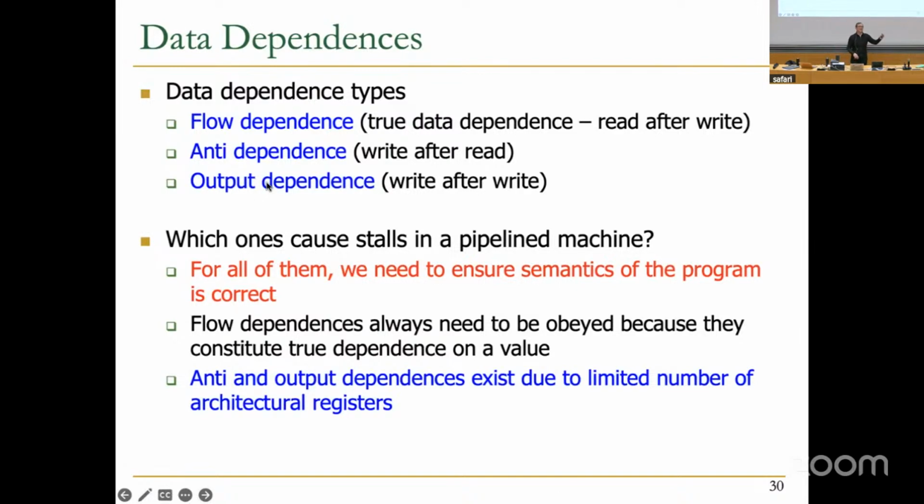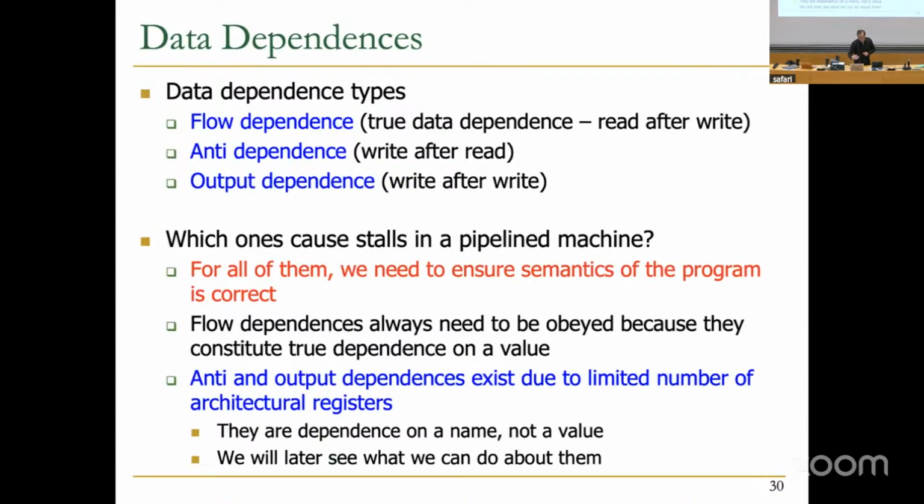An instruction is writing to register 5, a later instruction is also writing to register 5. These may have no relationship with each other. They're just names, dependence on a name, which is register 5, right? You don't have enough architectural registers, so the compiler allocated register 5 to both instructions. So that's what I mean by it depends on a name, not a value. This will become a lot more clear when we talk about register renaming and out-of-order execution later on. So we will later see what we can do about them.